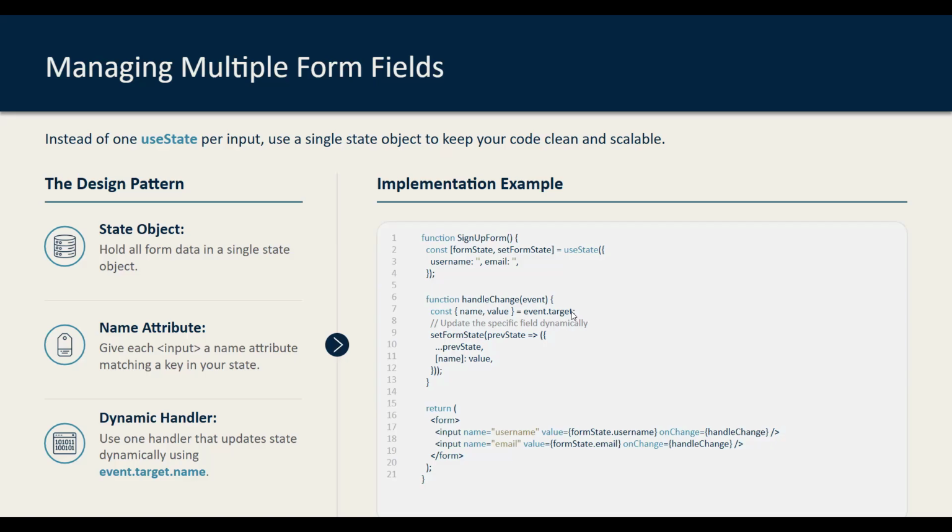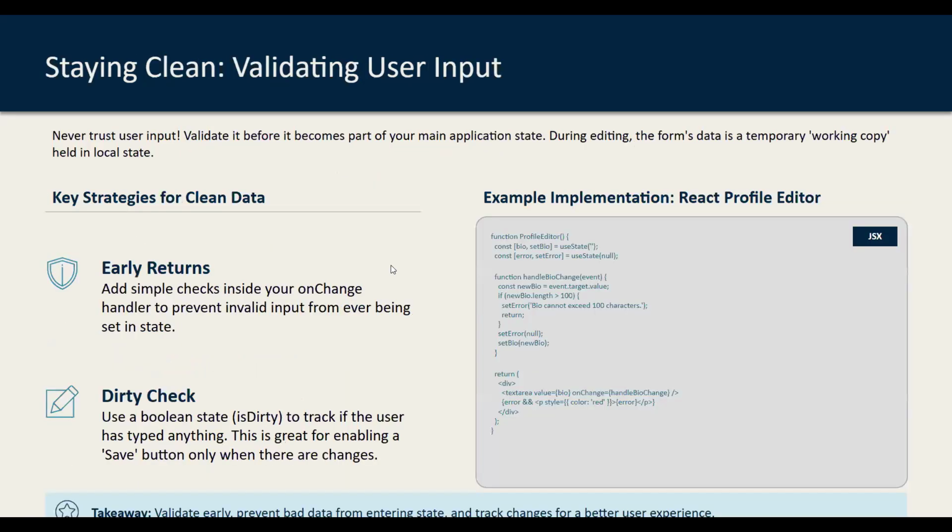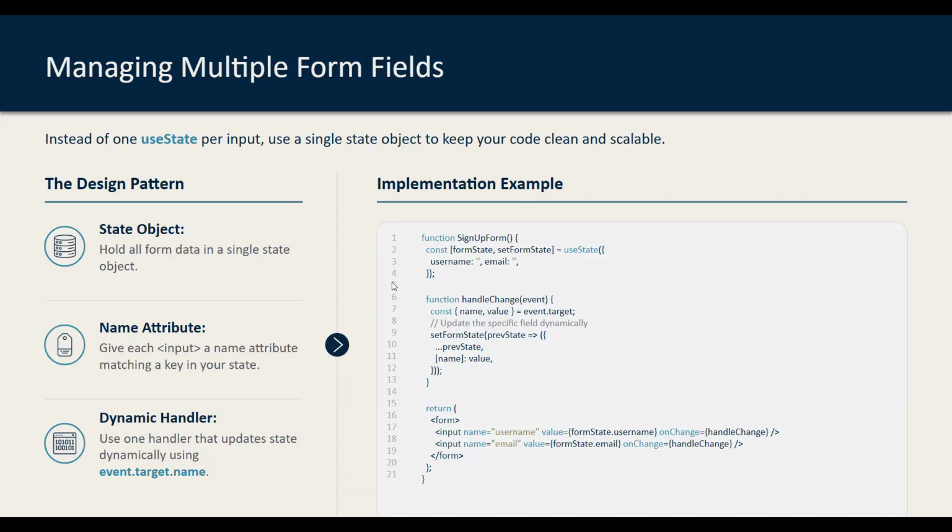And then we update the state by copying the previous state and replacing only the field that matches the input name. So if the user types in the username box, only the username changes. But if they type in the email box, only the email would change.